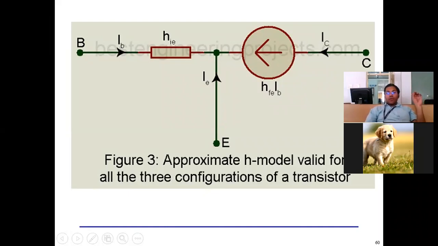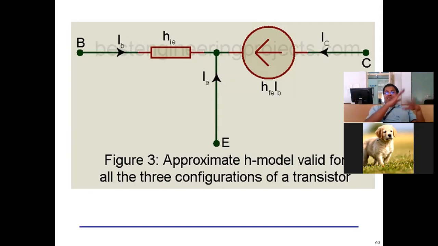For the approximate model, all you will do is, when you have a transistor, you will replace the transistor like this. Between base and emitter, you will write HIE. Between collector and emitter, you will write HFEIB. These two only you will draw.